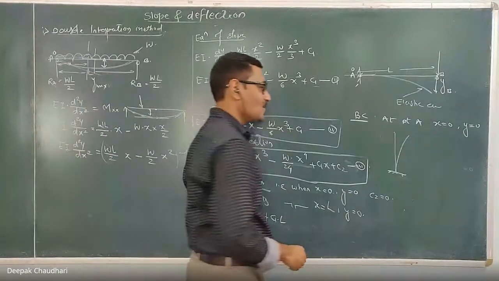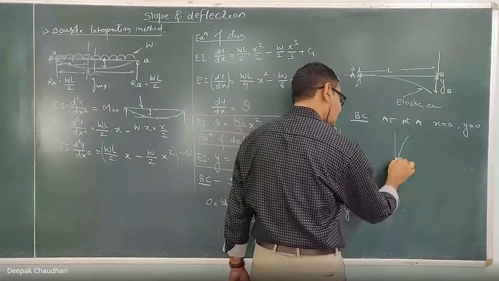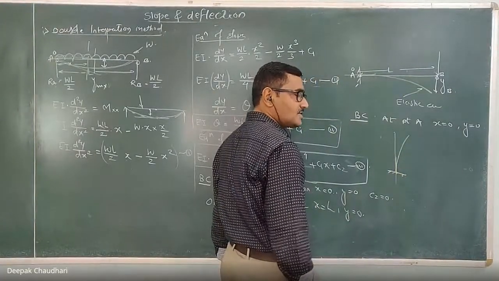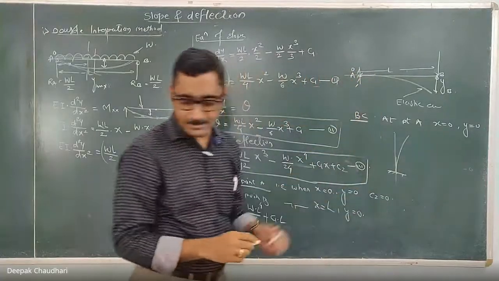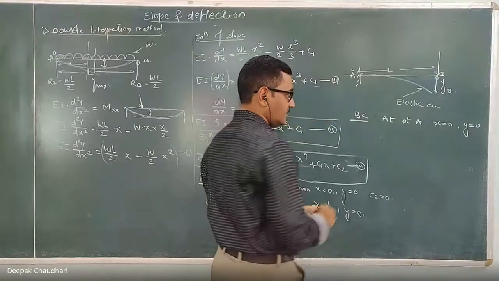So at this point the tangent to the deflected curve is a straight line, meaning the slope is 0 for this beam. That boundary condition you can use here.